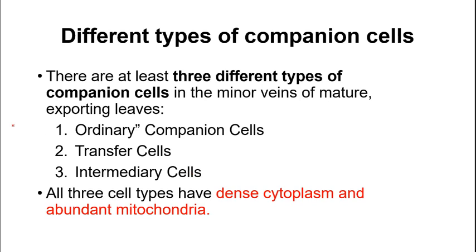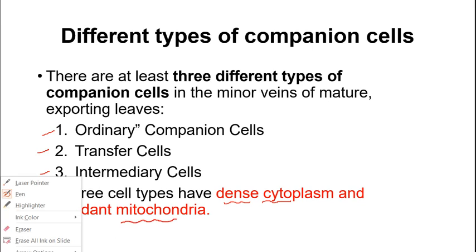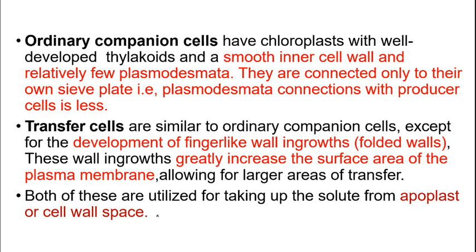Now we also need to know that there are three different types of companion cells: ordinary, transfer and intermediary companion cells. All three have dense cytoplasm and abundant mitochondria. Now look at how the three are different from each other.